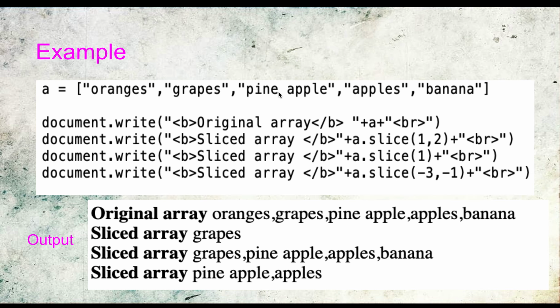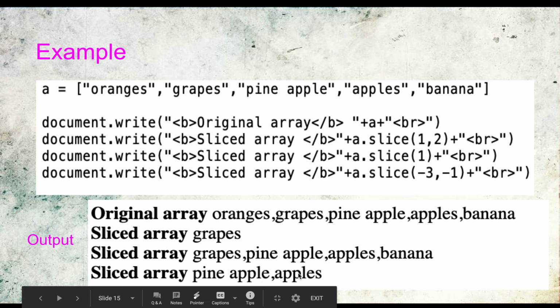So it will begin slicing from pineapple, and then apples is also included. Banana is not included since, as I mentioned before, the index representing the end is not included for slicing purposes. So we have the sliced array as pineapple and apples only.